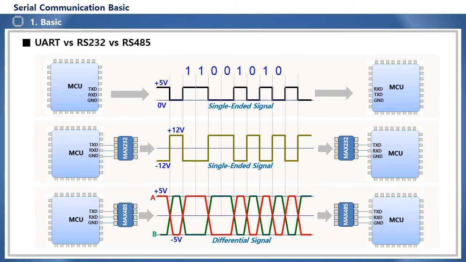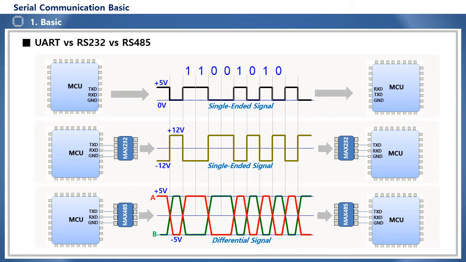RS-485 communication is a method of sending a signal in differential format, which is formed by converting a low amplitude range signal of 0 to 5 volts into a non-inverting amplified signal on the A line and an inverting amplified signal on the B line.